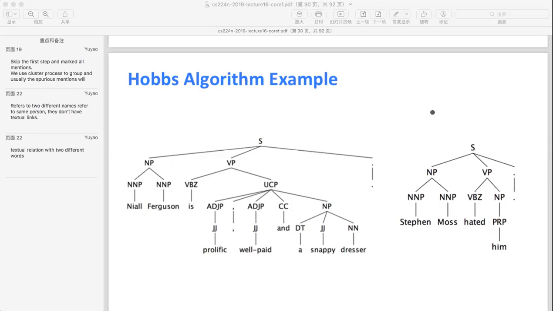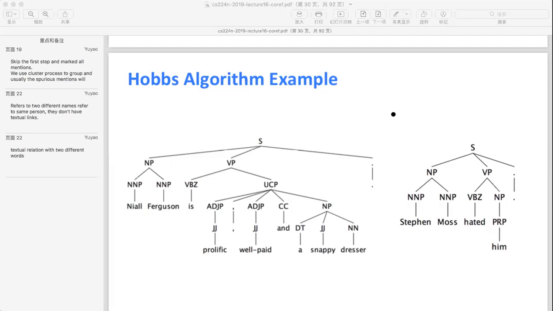And we find it here, right? So just mark it as "him", and who does "him" refer to? Step one is we mark this sentence, which is the closest sentence, as sentence one.